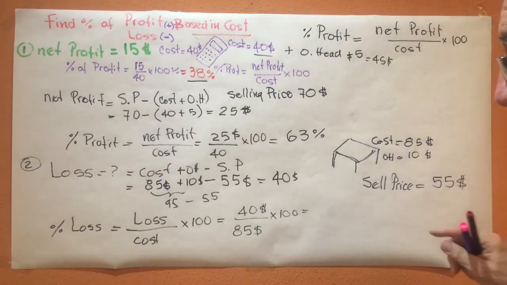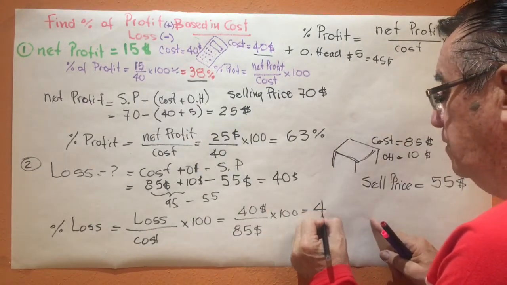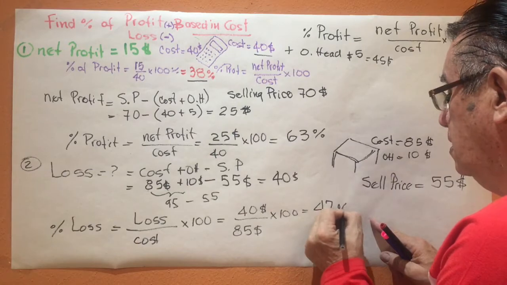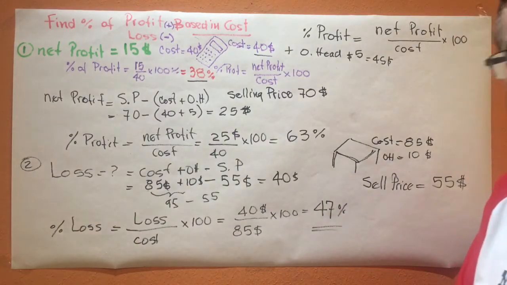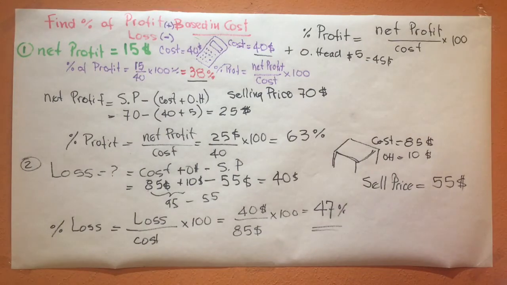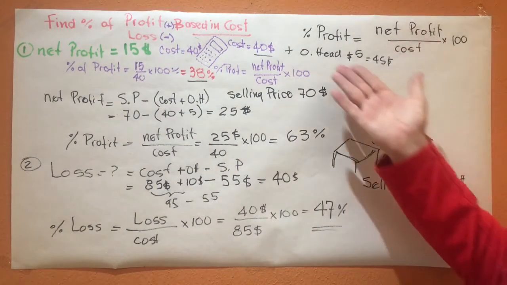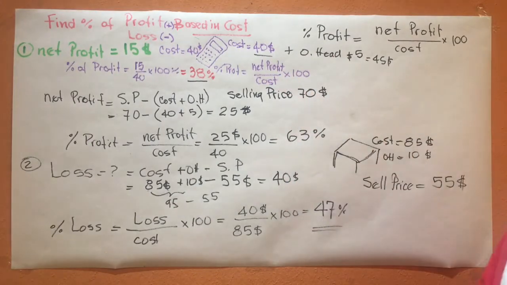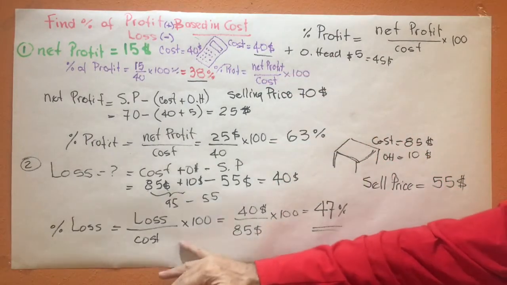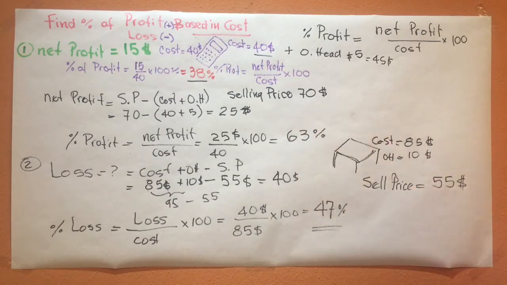And the answer is that my loss was 47%. Well, I think it's very clear that you have to manage all your costs, overheads and selling price in an organized way. In that way, you can always get this information.